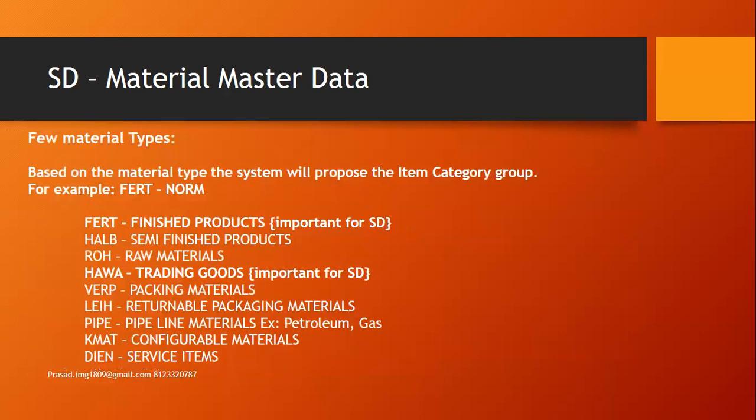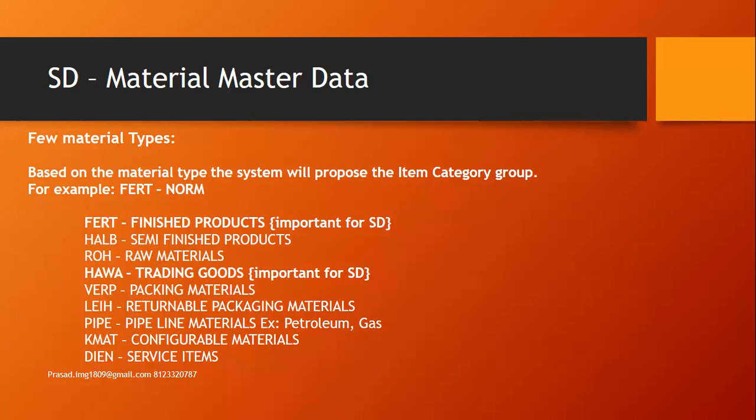Then here a few material types which we are going to work with in the system, especially the finished products. We always use FERT, that is the finished products material type, HALB semi-finished products, and HAWA, that is trading goods, which is important for the SD consultants. BERP packaging materials, KMAT, that is configurable materials, DIEN service items.